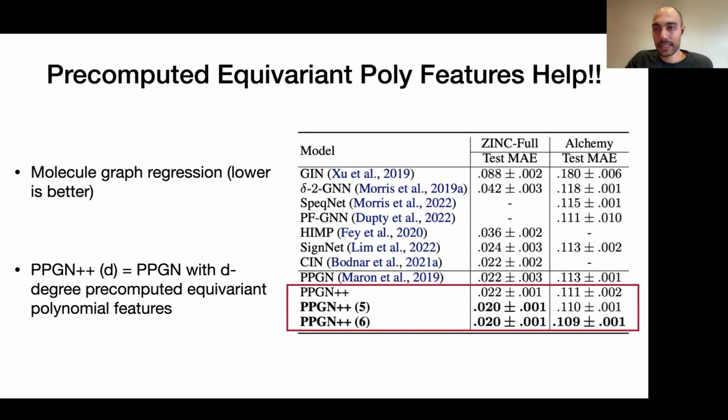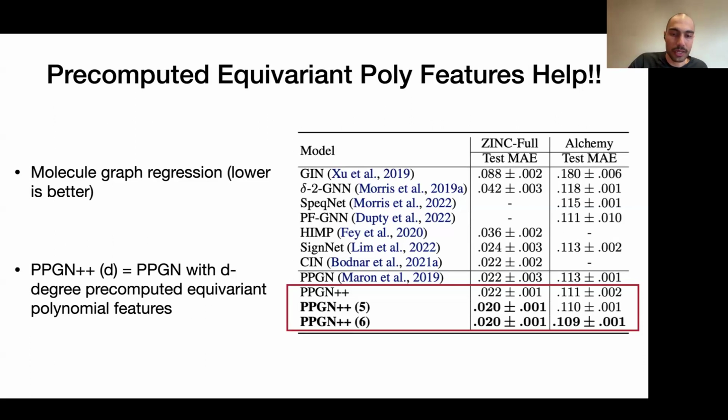Here, what we did with these graph polynomials is, as mentioned earlier, we just attached them as node features. We calculated these various polynomials up to degree 5 and 6, and we appended them to the input node features of the graph.